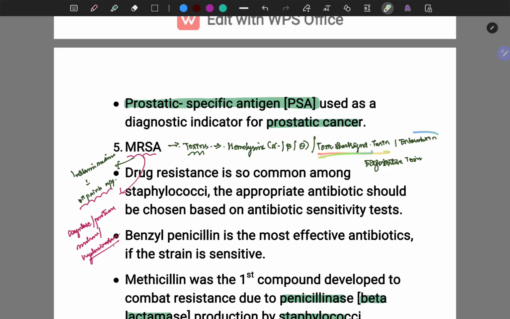Toxic shock syndrome toxin, enterotoxin, exfoliatotoxin. Each has its own thing. Toxic shock syndrome causing sepsis, exfoliatotoxin causing epidermolysis and bullae, enterotoxin causing diarrhea.